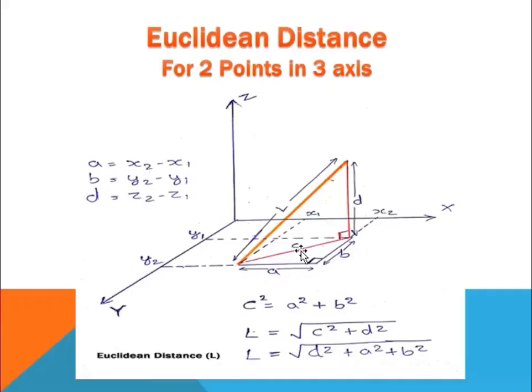So the Euclidean distance is the square root of D square plus A square plus B square. And here we can see that the values of A, B and D are x2 minus x1, y2 minus y1, z2 minus z1 respectively. That's all for today.